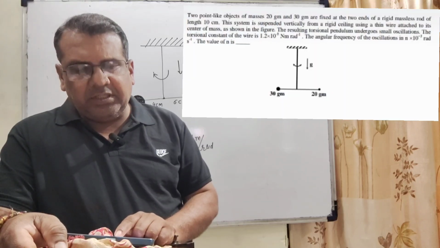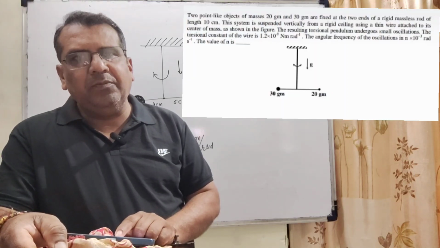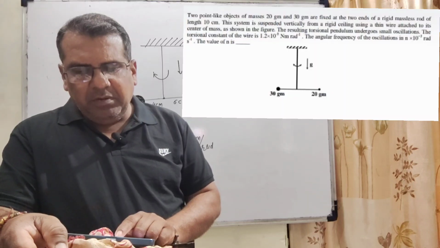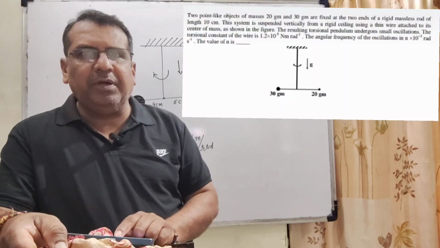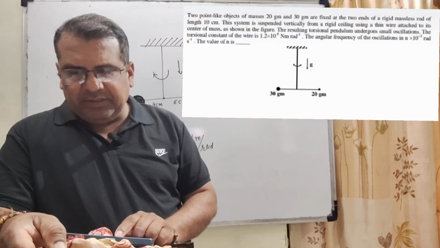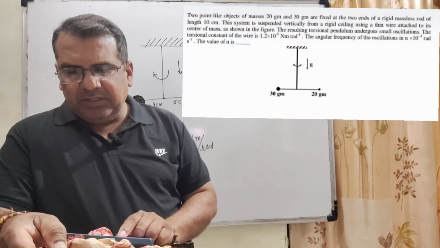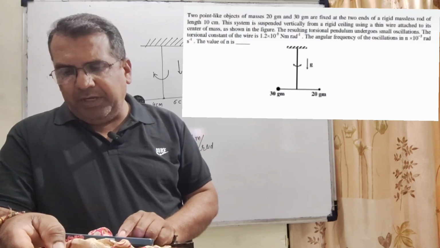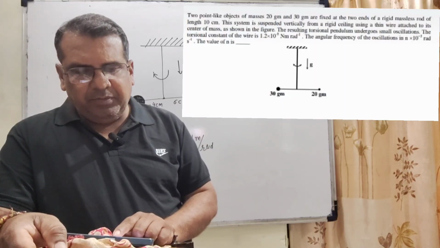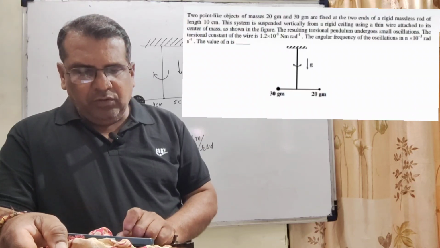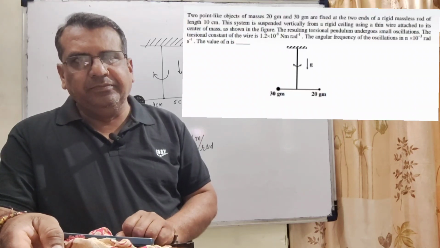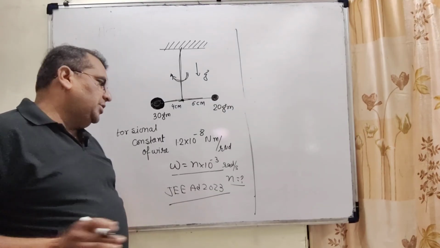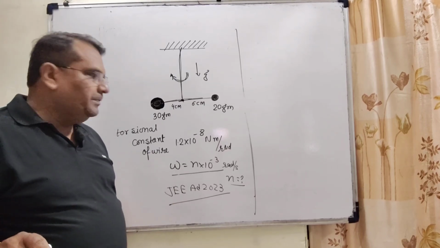The torsional constant of the wire is 1.2 × 10^-8 Newton meter per radian. The angular frequency of the oscillations is n × 10^-3 radian per second. The value of n is? This question was asked in JEE Advanced 2023.